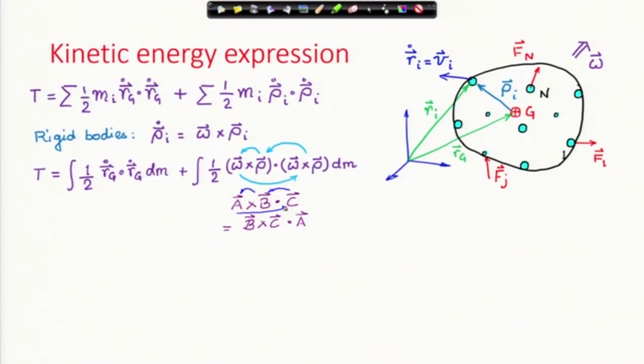Right? This is cyclic permutation. That is what I use. Here C vector is this whole thing.